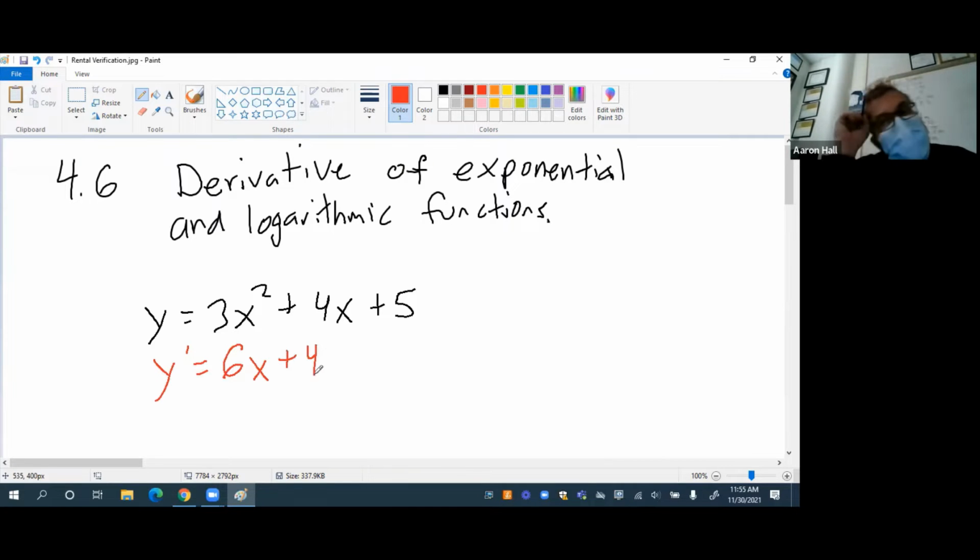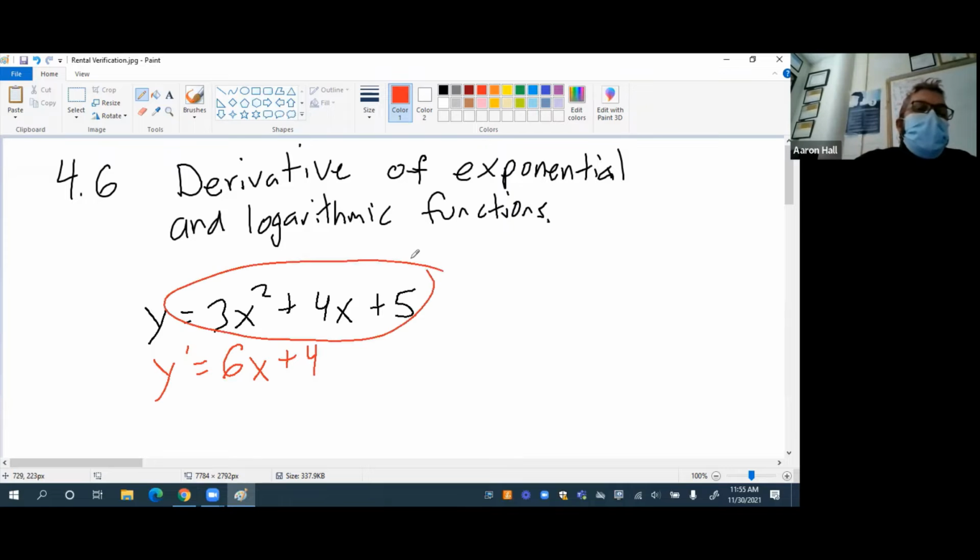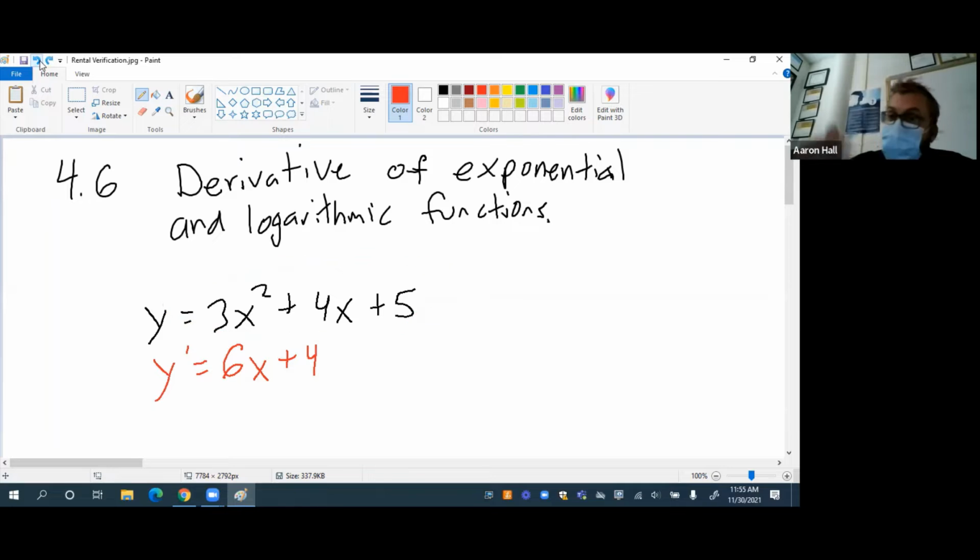Yep, exactly. Is this an exponential function? No. What kind of function is it? This one is quadratic. Yep. The exponent is squared, and because the degree of our function, the highest exponent, is 2, it is quadratic. So in fact, all polynomials can be solved by using the power rule.